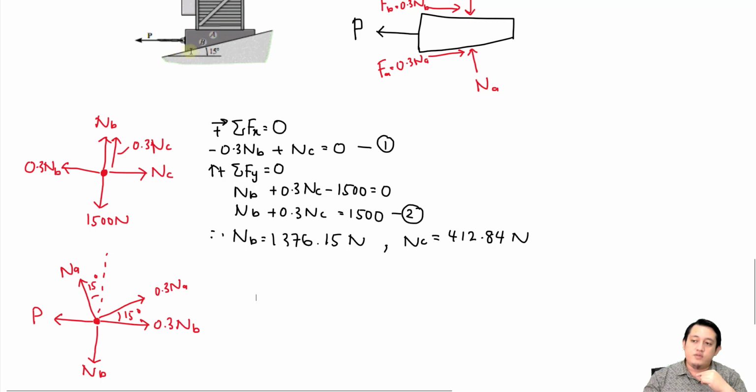If you look carefully, we have 15 degrees like this, and A here is along this 15 degree line. So NA and F must be perpendicular to each other, which means that NA and this Y axis are also 15 degrees.